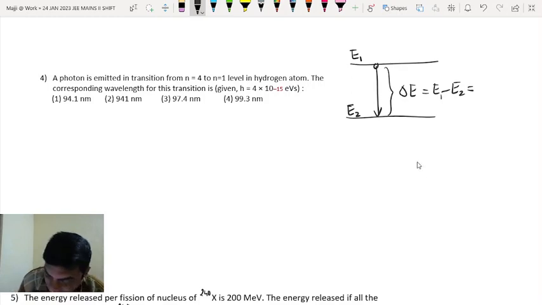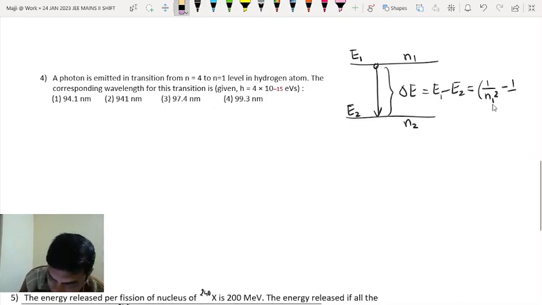This will be emitted in the form of a photon, and that is given by 1 by, suppose this is n1 and this is n2, so 1 by n2 square minus 1 by n1 square.